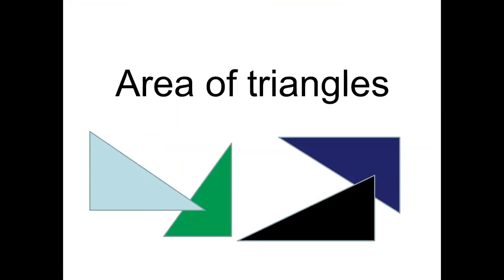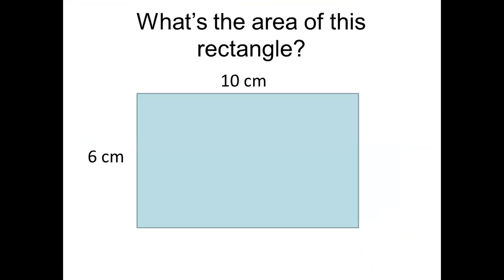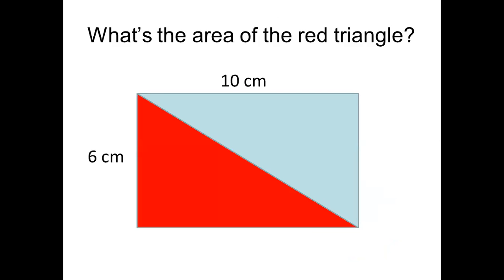What about the area of the triangles? Imagine if I have a rectangle, it will be 6 times 10, the area will be 60. If I divide this into two identical triangles, each triangle will have half the area of the rectangle.